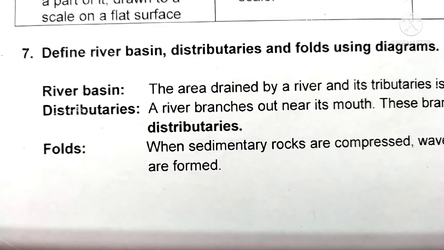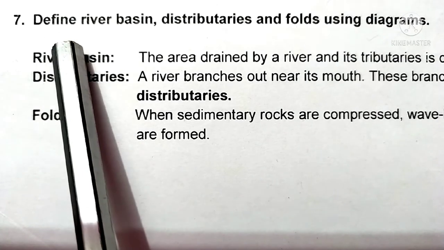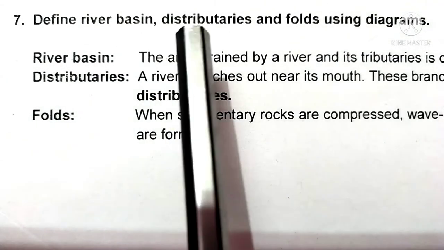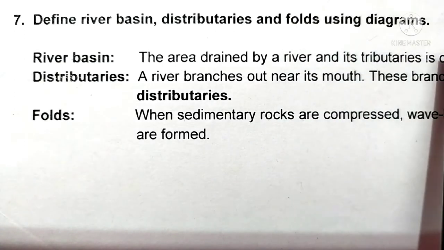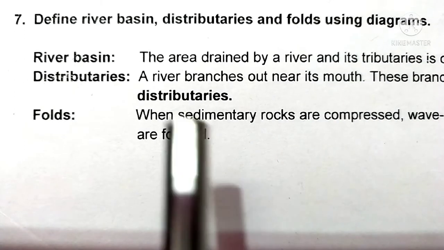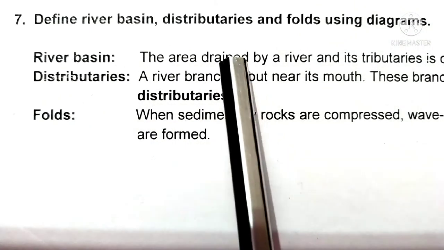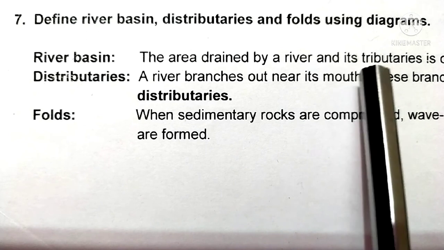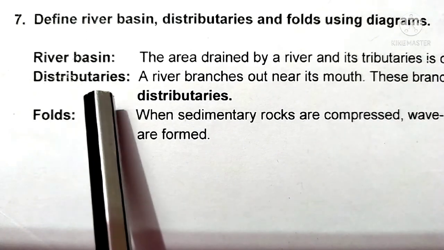Now seventh question. Define river basin, distributaries and falls using diagrams. First one, river basin. The area drained by a river and its distributaries is called a river basin. Distributaries.